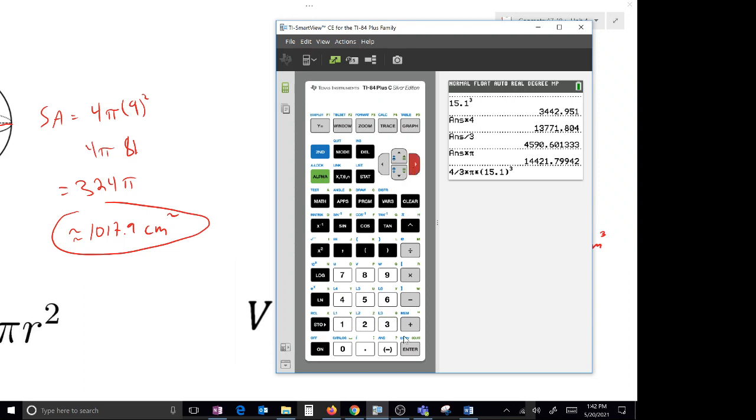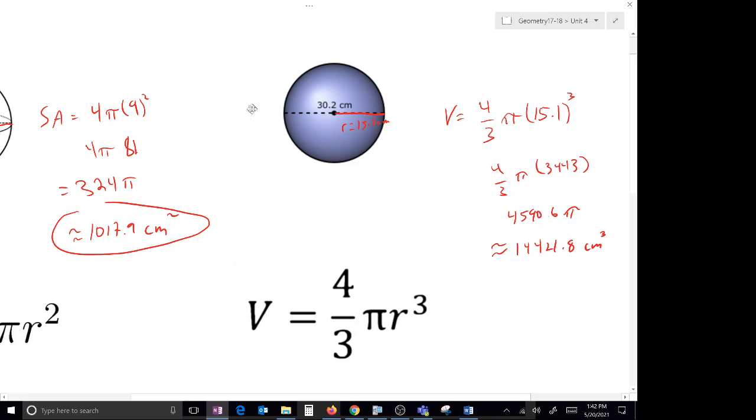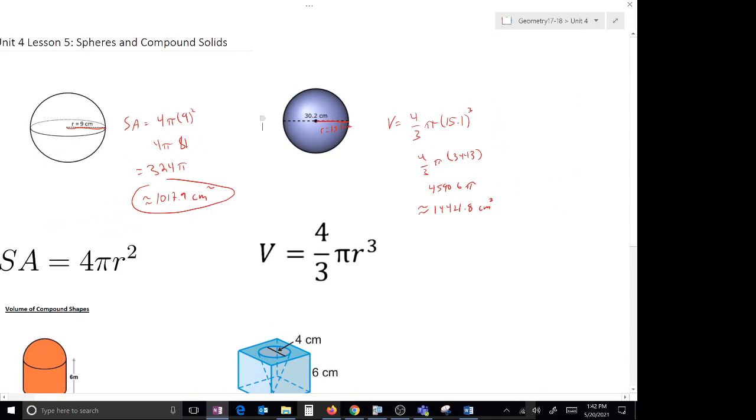We should get the exact same answer, which we do. So if you can get the entire formula in to get an approximation, you can do that as a faster step. Okay, so that's surface area and volume of spheres.